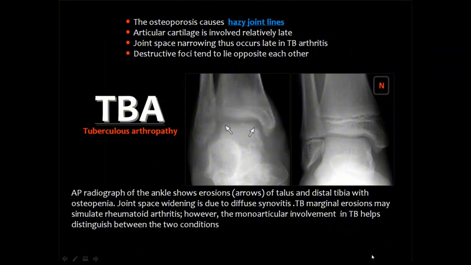One of the well-known manifestations of tuberculous arthritis is osteoporosis resulting in a hazy joint line.